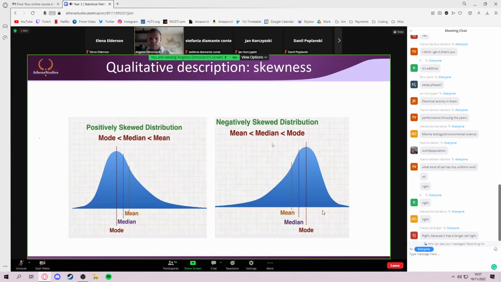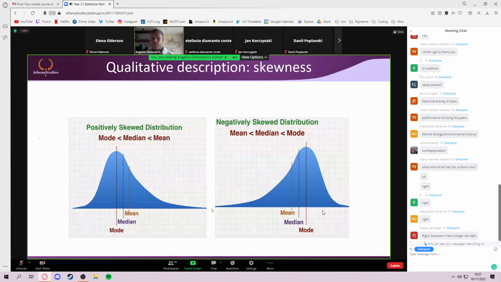On the other hand, the left skewed distribution has a tail on the left and the peak on the right. Now, you can also call the right skewed distribution a positively skewed distribution. Why? Because the tail is on the positive numbers, on the right.